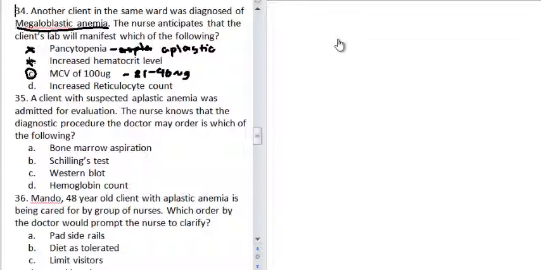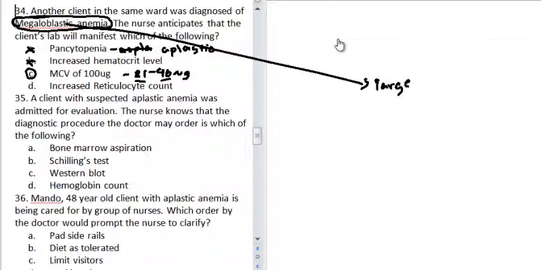If the RBC is less than 81, it's microcytic. If it's larger than 96, it's a large RBC. That's why we term it megaloblastic anemia, because megaloblastic means large RBC. All patients who have megaloblastic anemia will have a large RBC. There are two megaloblastic anemias: vitamin B12 deficiency and folic acid deficiency anemia.